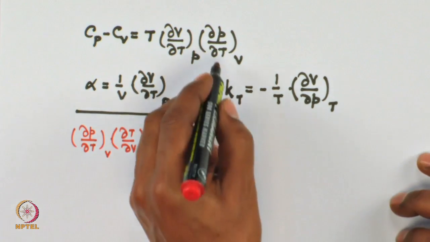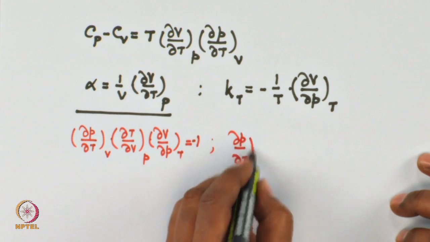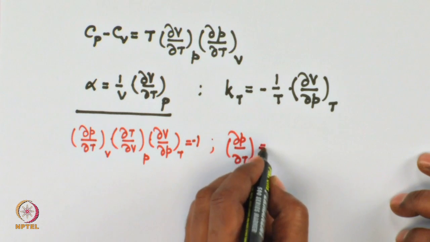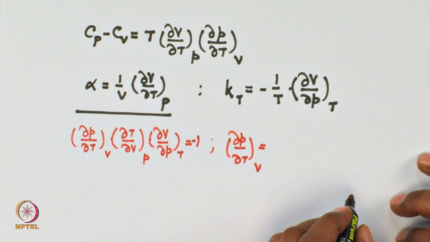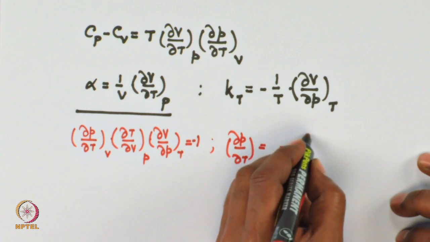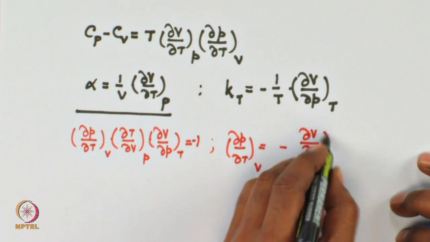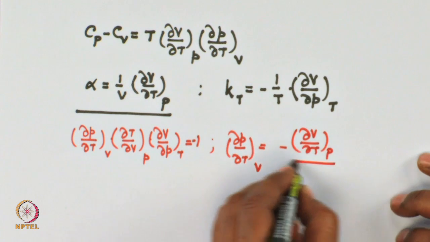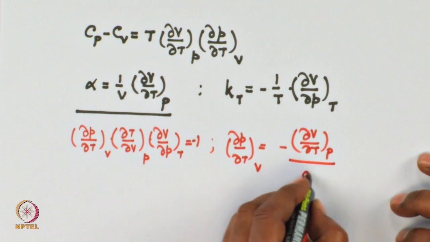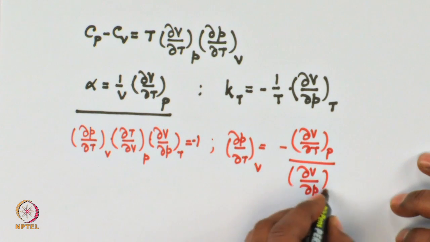This will allow me to write the variation of pressure with respect to temperature at constant volume as minus the variation of volume with respect to temperature at constant pressure divided by the variation of volume with respect to pressure at constant temperature.